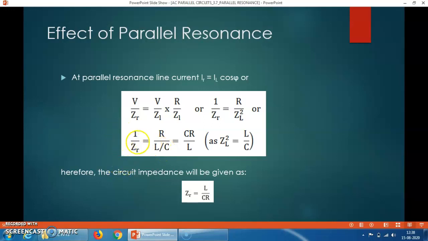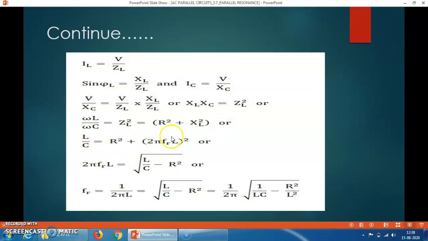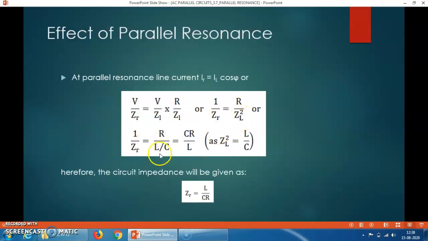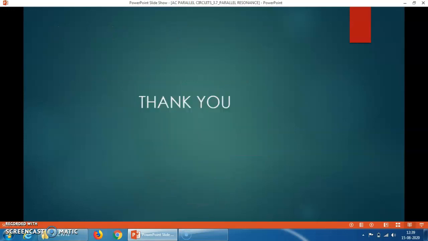So substituting the value, 1 upon ZR is equal to R upon ZL square, and ZL square is L by C. Rearranging the terms, ZR is equal to L by CR. That is the impedance at the time of resonance. So hope you understood. Thank you. This is the parallel resonance.